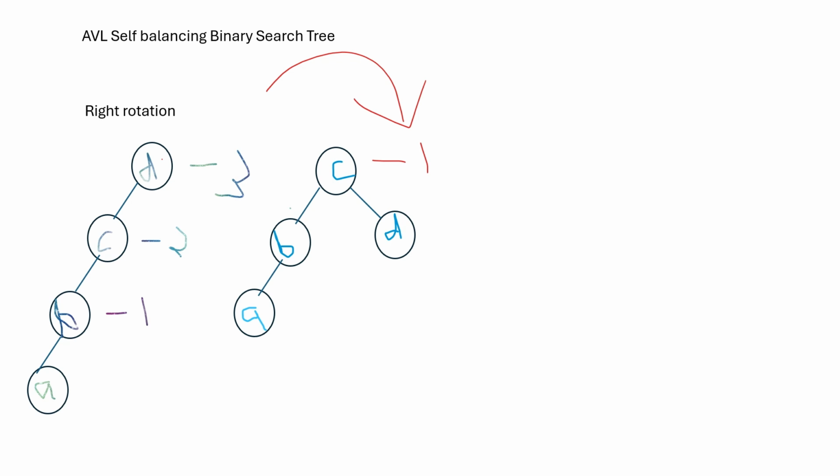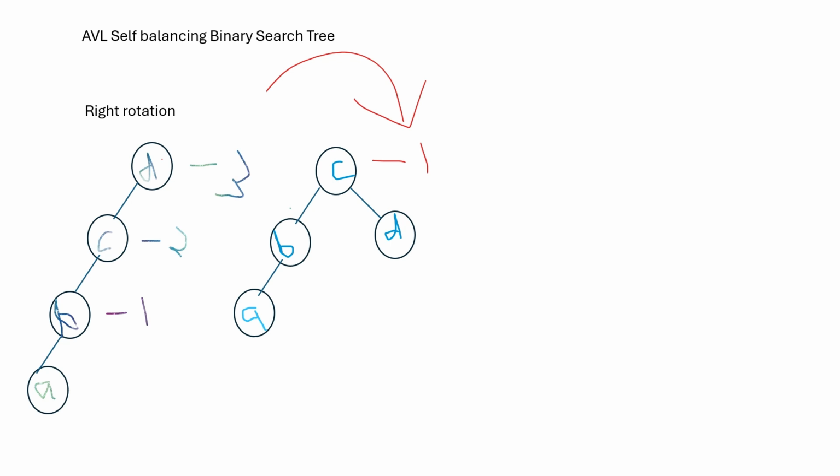So this is what we refer to as a right rotation, where, assuming D is the root, C becomes the new root, D becomes the right child, and B and A are on the left as left children.